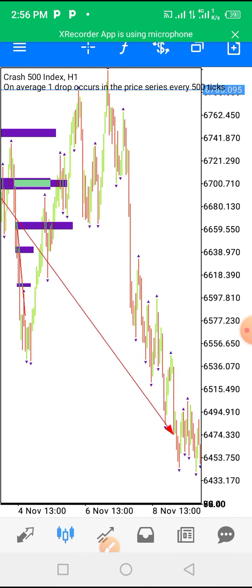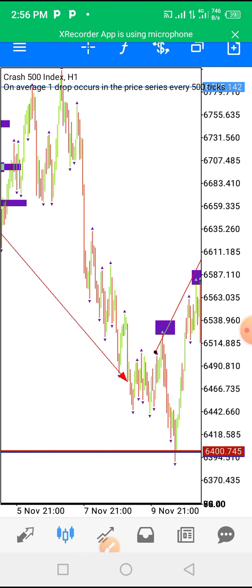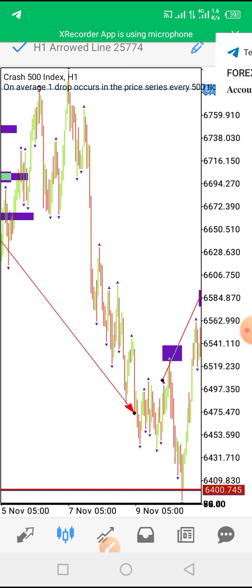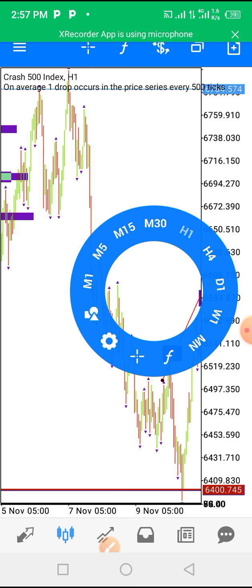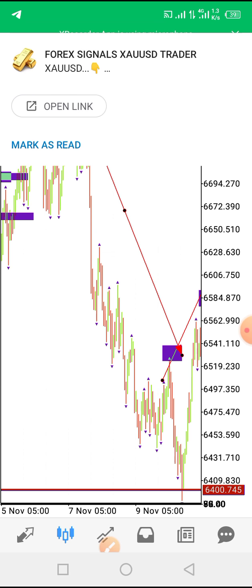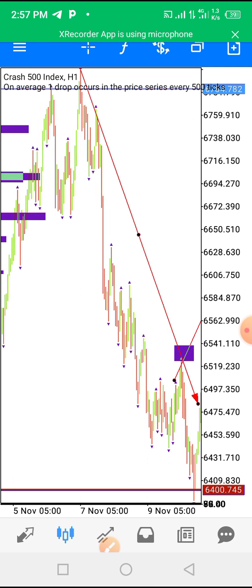So if you look here now, this one is a downtrend. This current one, let me remove this one. Where the market forms lower lows, this is a downtrend. And it's a downtrend because it forms a series of lower lows.